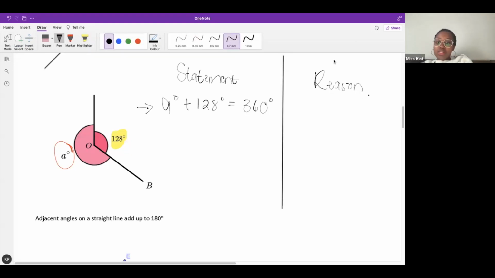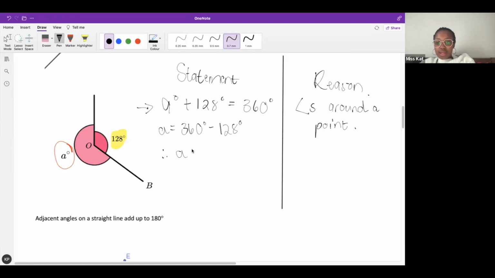You're going to say because there are angles around a point. Oh, so we have to learn theorems and their reasons. After this, then you can say A is 360 degrees minus 128 degrees.